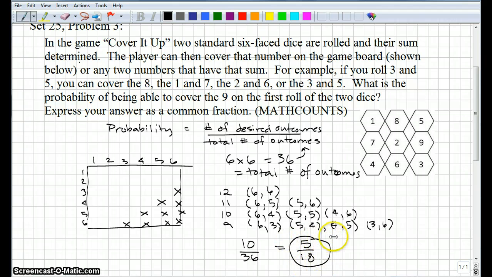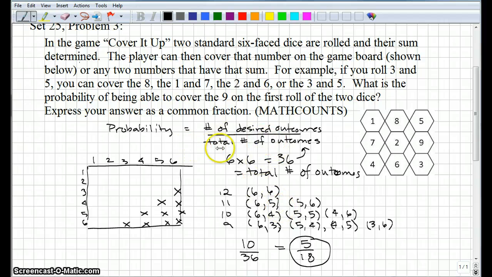Now some of you may be thinking, well, it doesn't matter the order of the rolls. And you're right, it doesn't matter which one comes up as 6 and which comes up as 5, because you're adding them together, and addition is commutative. But we have to be consistent, okay?